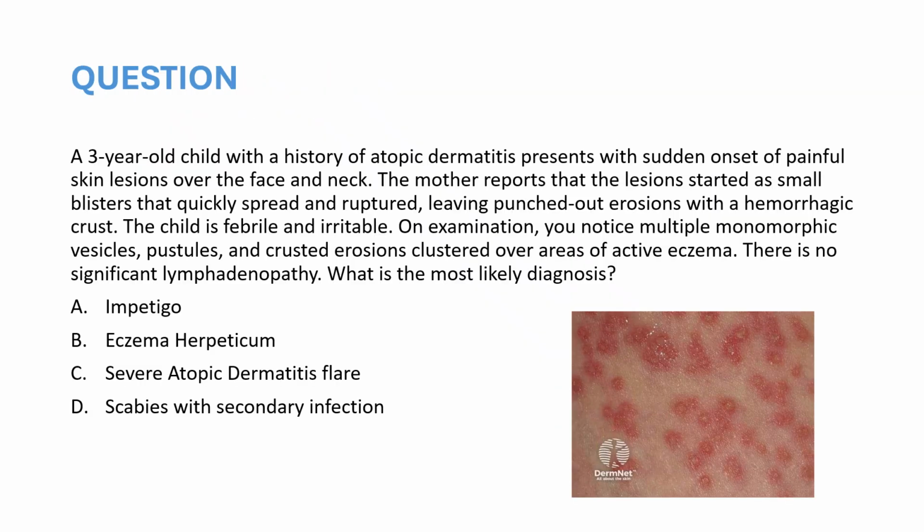Let's see another question. A 3-year-old child with a history of atopic dermatitis comes with sudden onset of painful skin lesions of the face and neck. The mother reports that lesions started as small blisters, quickly spread and ruptured, leaving punched out erosions with hemorrhagic crust. So this word is important: there is crust. The child is febrile and irritable on examination.